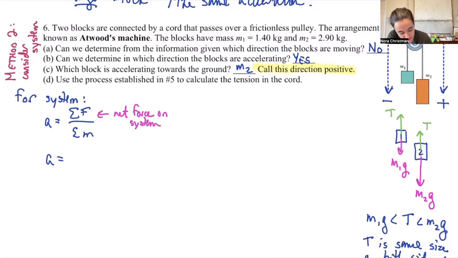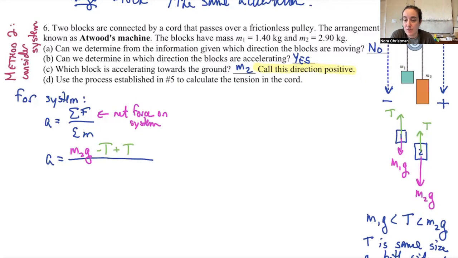Okay, so the net force on the system. We're going to start with M2G and just continue to accumulate forces through the whole situation. The first thing I have is M2G, in the positive direction. Then I have the tension pulling up on M2. Then on the other side of the pulley, I have the tension pulling up on M1.